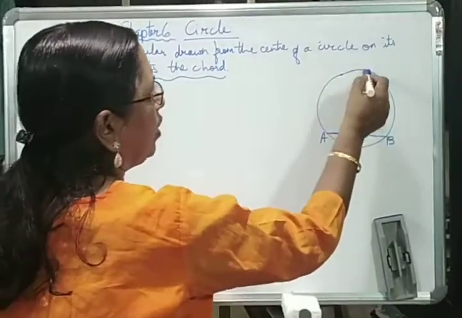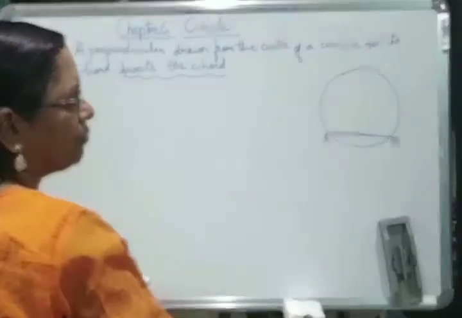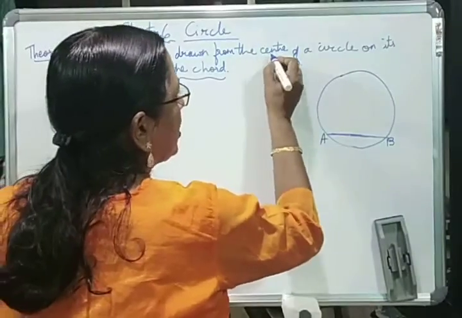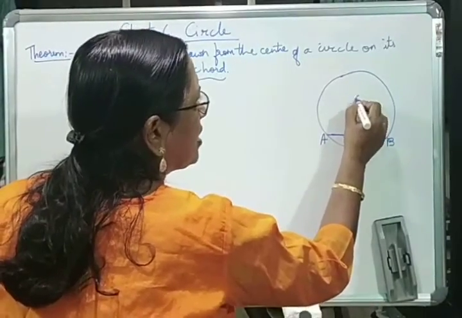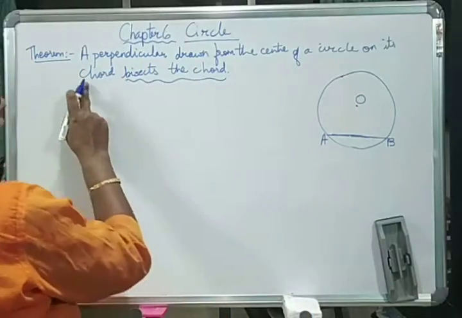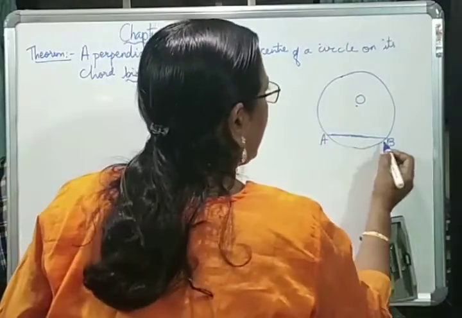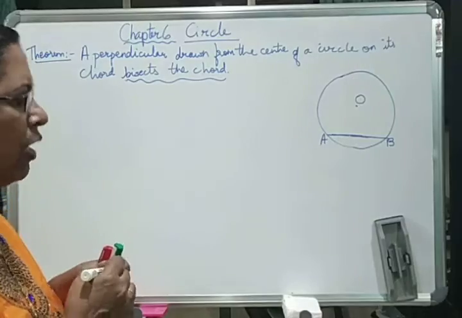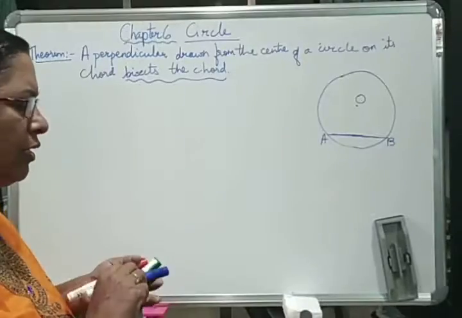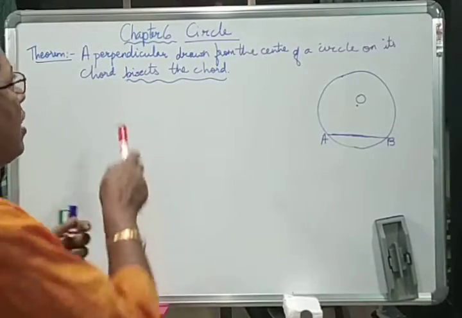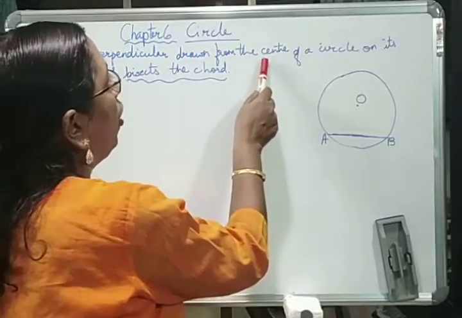Now, a circle meaning one circle, and there is a center. So, O is the center. And there is a chord. So, AB is the chord. Now, what we have to prove here in this case is a perpendicular drawn from the center of the circle.